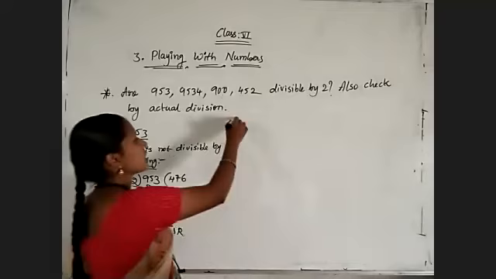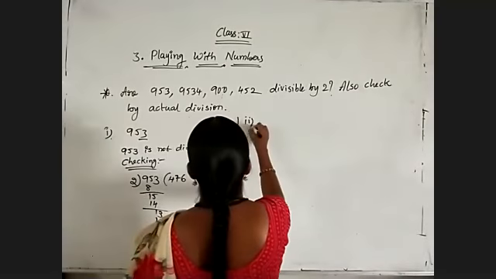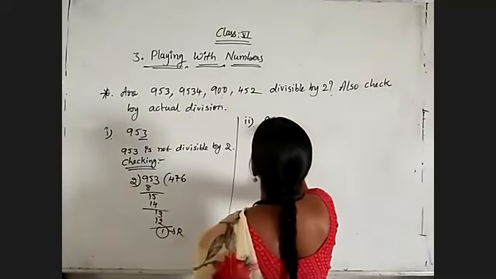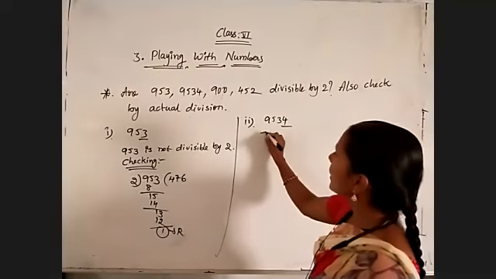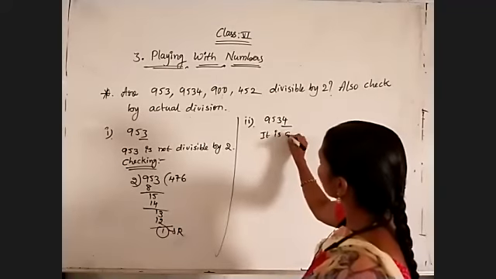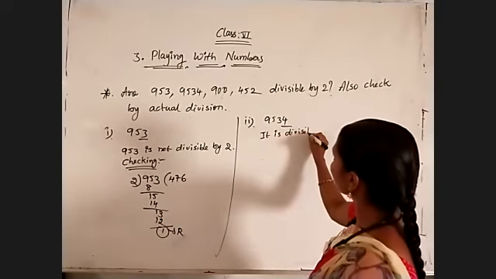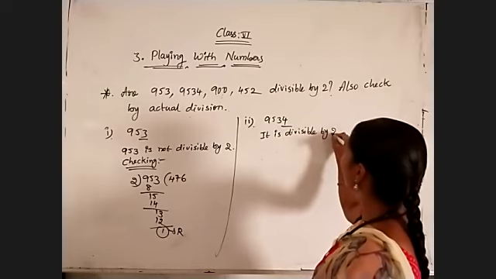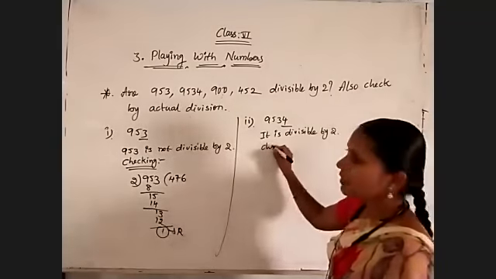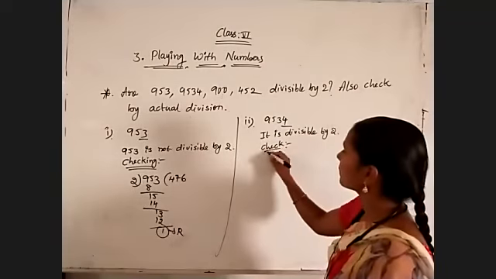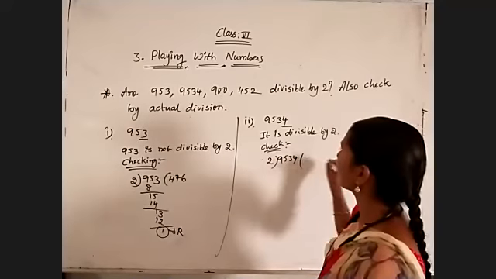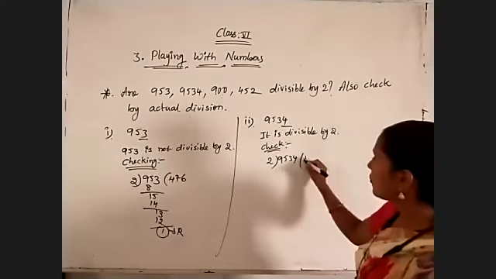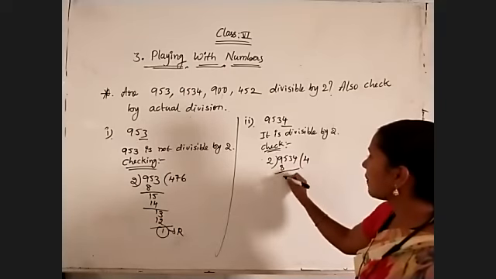Now coming to the second question. 9534. Because 4 is there in the units place, it is divisible by 2. Check with the actual division. 9534 divided by 2. Okay, 2 4s are 8. 1 is the remainder.